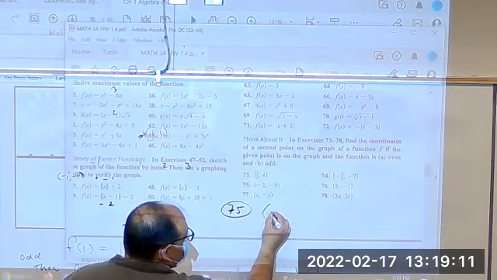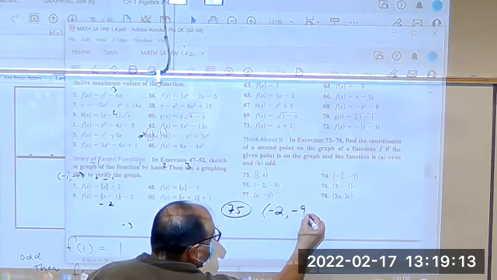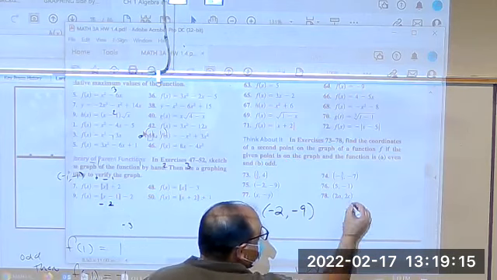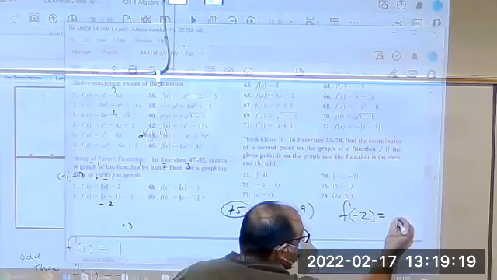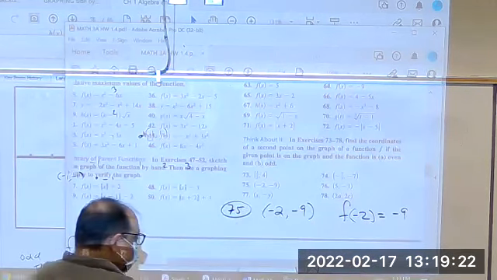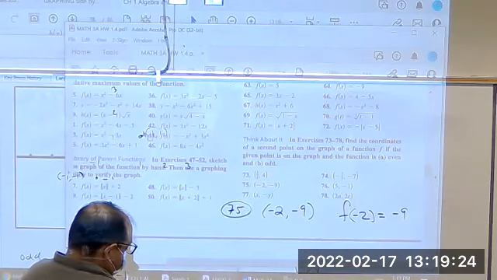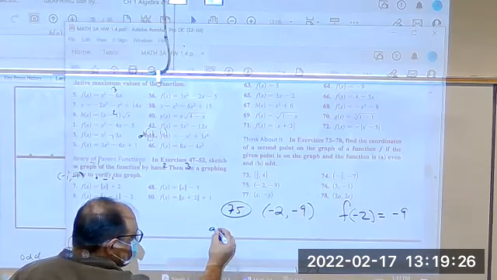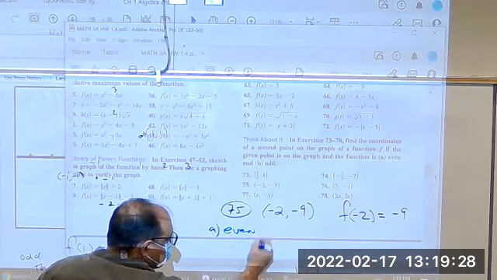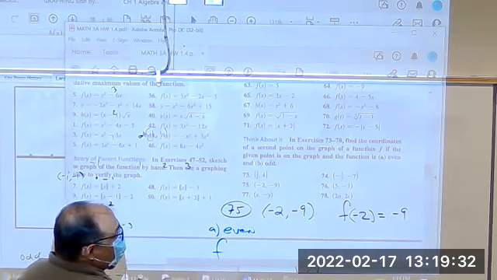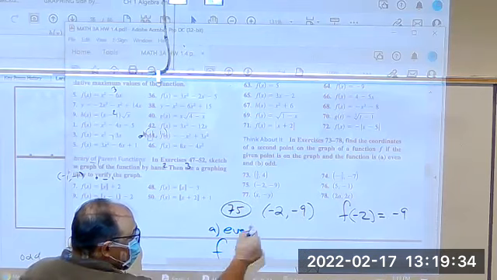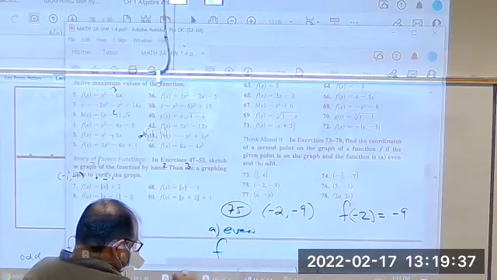So we're given -2, -9. That means when you take f of -2 in your function, the answer is -9. So for A, f of, we want the opposite of this one.